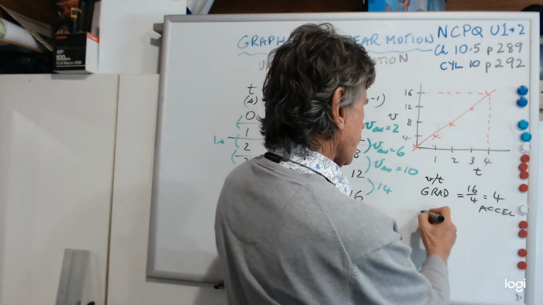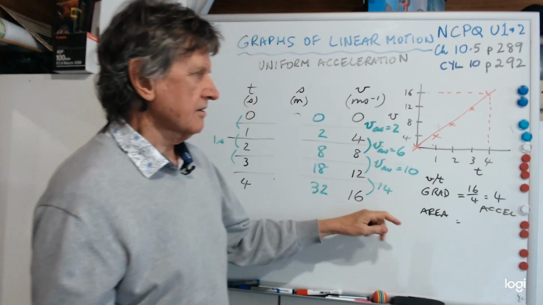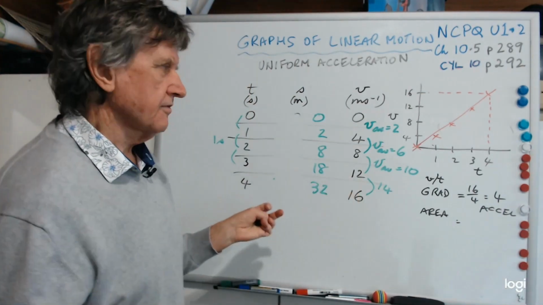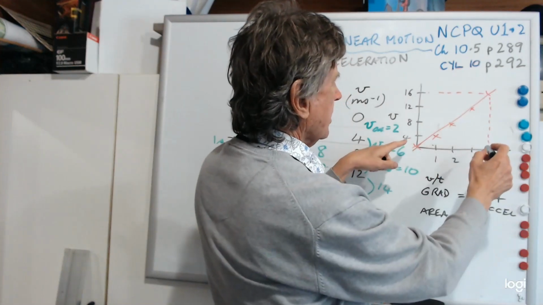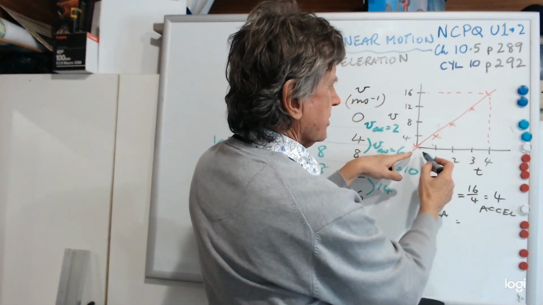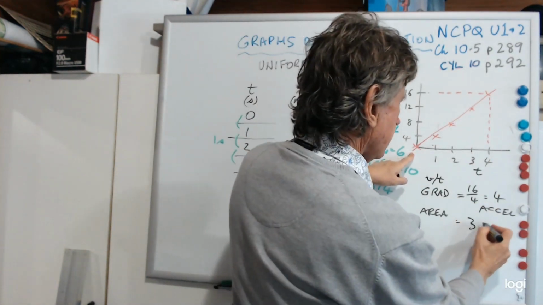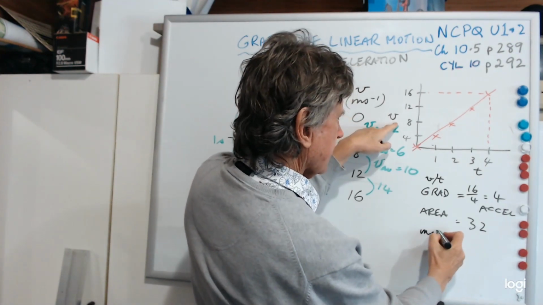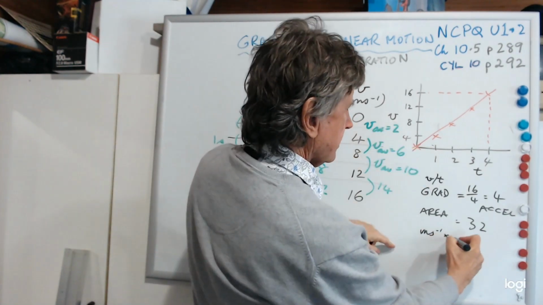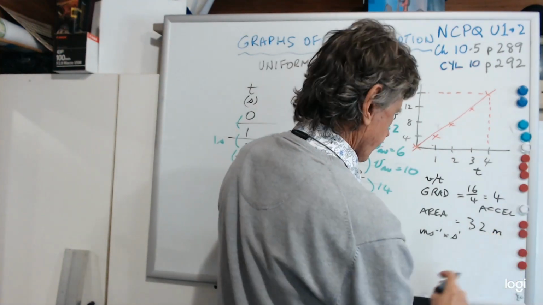What about the area under? Now the area under a VT graph, remember I was getting tricked up on that before. The area under is just base by height on 2. So it's 4 times 16 on 2. So that's 32. Now when you think about it, this is meters per second times seconds, and the seconds cancel out, and that just becomes meters.